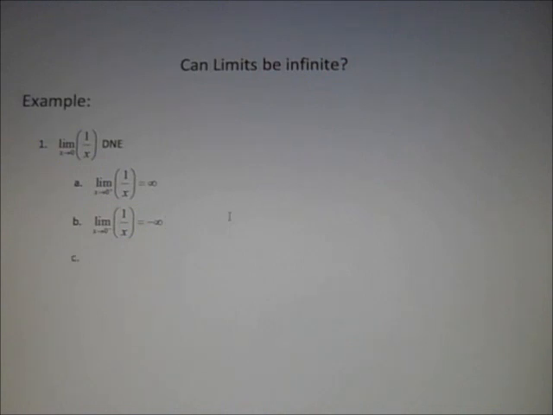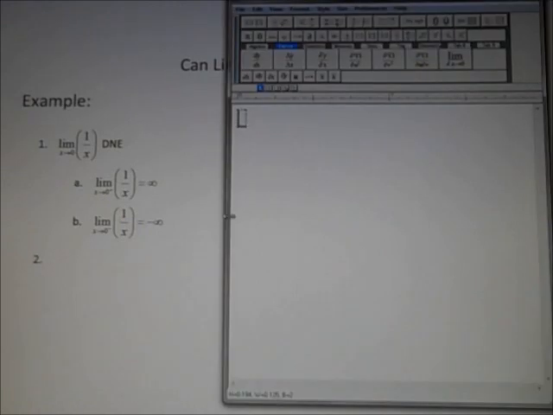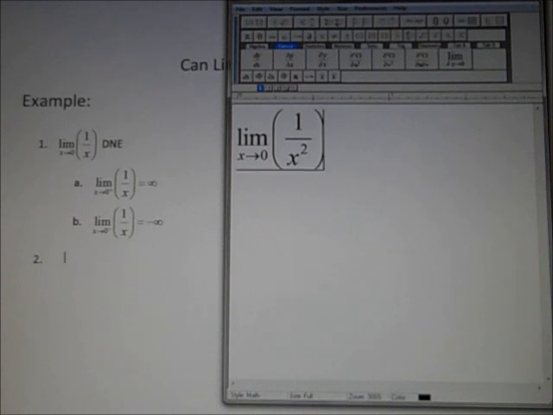Now, let's look at, instead of 1 over x, the limit as x approaches 0 of the function 1 over x squared. Before I was looking for the limit of 1 over x as x approaches 0.